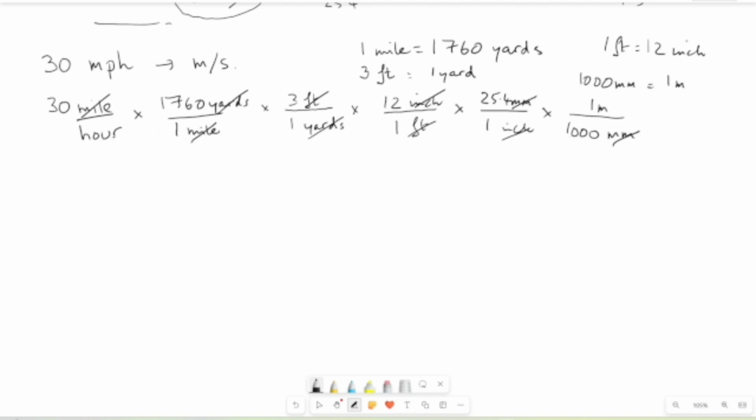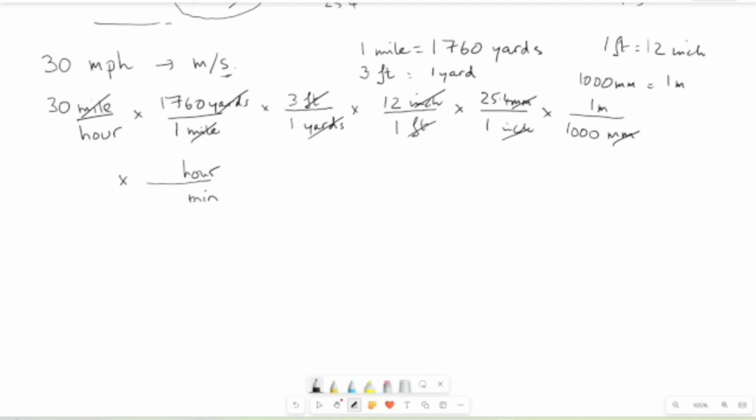And now we need to do hour into seconds. That's what we needed, seconds. So I just carry on multiplying. It's always multiply. So I can multiply this by something that is going to cancel with hour. Now, because hour is on the bottom, I'm going to need to put hour on the top so that I can cancel it and leave me my new unit.